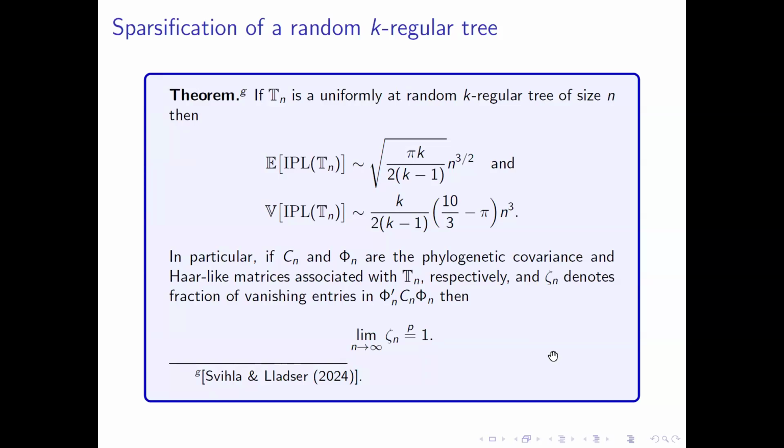And we get that, for Cn and Phi our covariance matrix and our wavelet basis matrix, after we do the change of basis, as the size of the tree increases, the proportion of entries which become 0 after the change of basis converges in probability to 1. In other words, for a very large tree, it's probably going to be sparsified to a significant degree. So how does this work in practice?